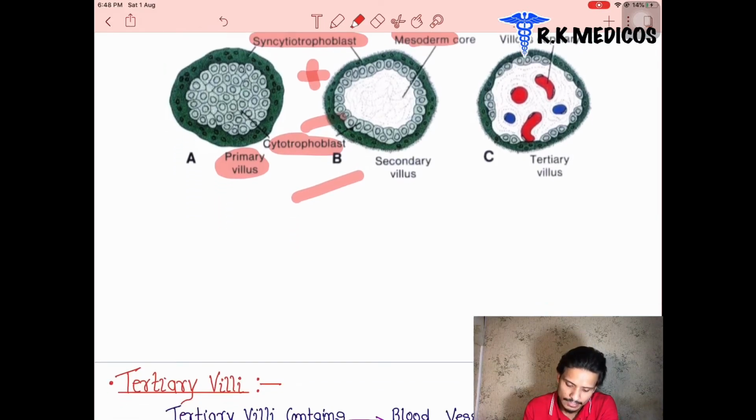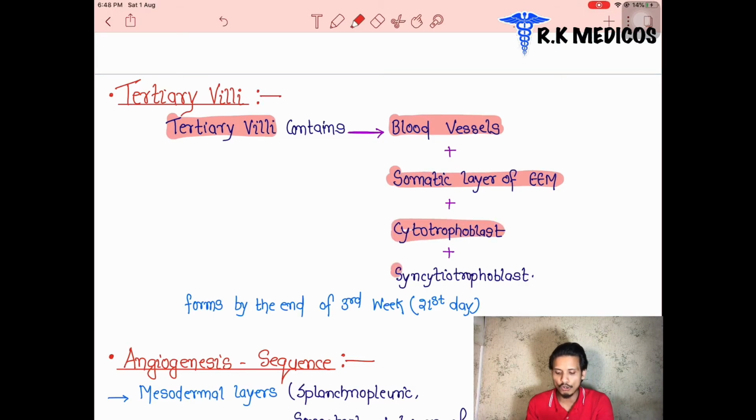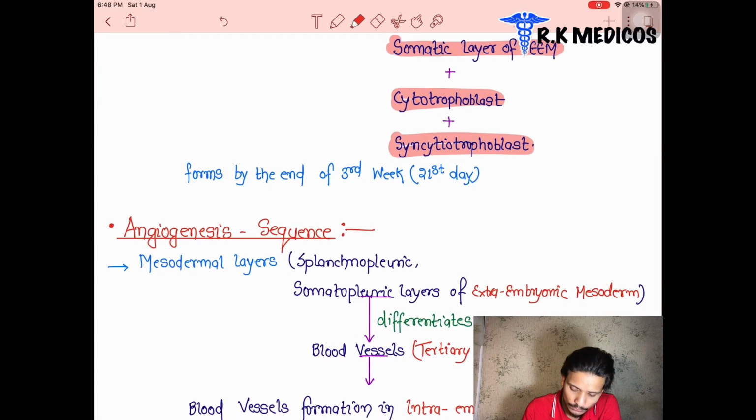Now we can say the tertiary villi contain blood vessels. As I told you, they form by the splanchnopleuric layer, and later by the somatopleuric layer. The somatopleuric layer of the extra embryonic mesoderm, cytotrophoblast and syncytiotrophoblast, all four combined together form the tertiary villi, and they are formed by the end of the third week, on the 21st day.